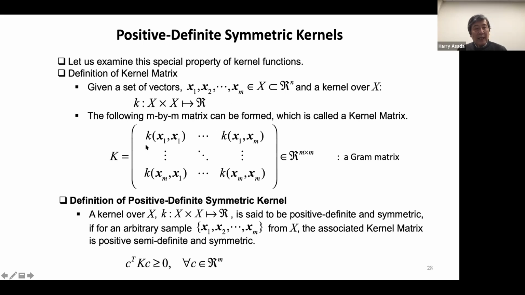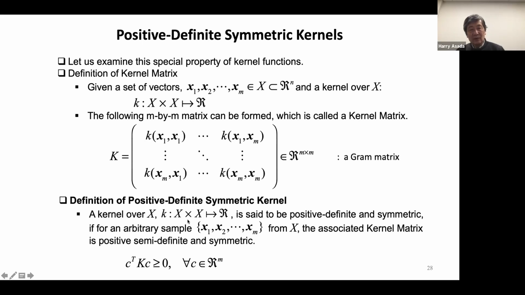Now the second definition, which is very important, is the definition of a positive definite symmetric kernel. The kernel is a function, but we define the positive definiteness by using this kernel matrix. Our kernel over the set X times X to R is basically a scalar quantity.